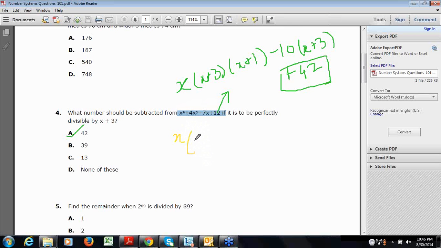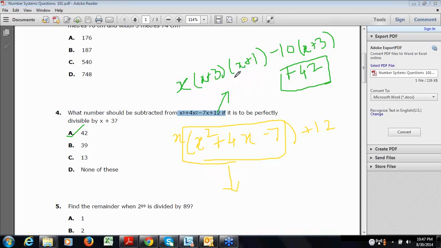Take x square plus 4x minus 7 plus 12. Now break this into something which can be of the form x plus 3.